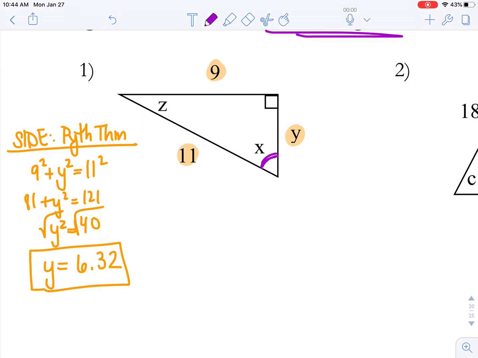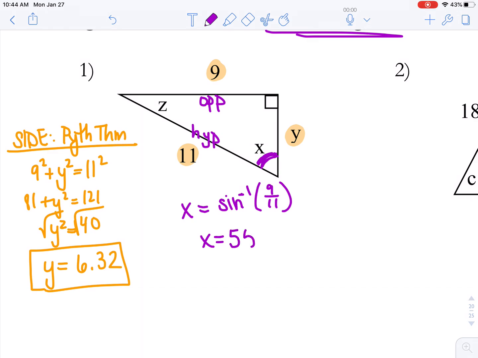I'm going to just focus in on 9 and 11. So if I'm focused on x, 9 is my opposite side, 11 is my hypotenuse. So to solve for angle x, I'm going to use inverse sine, because sine is opposite over hypotenuse. So inverse sine of 9 over 11. I can type this straight into my calculator and get that x is 55 degrees if I round it to the nearest degree.